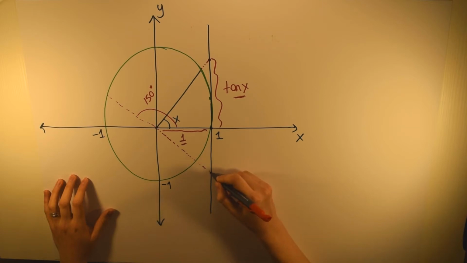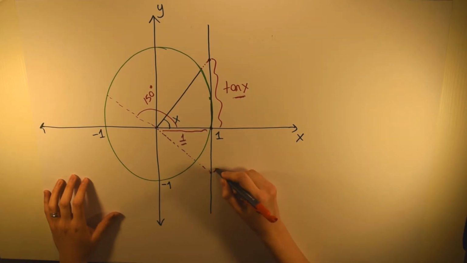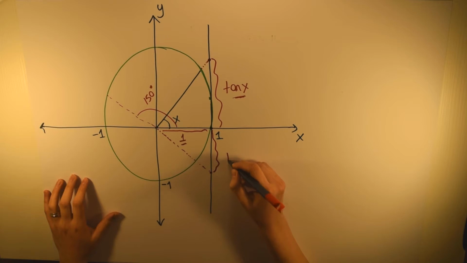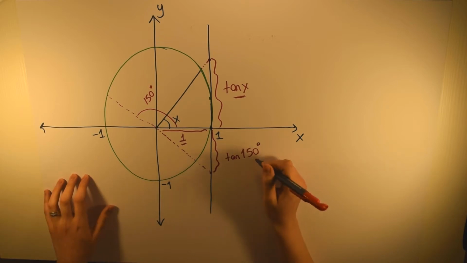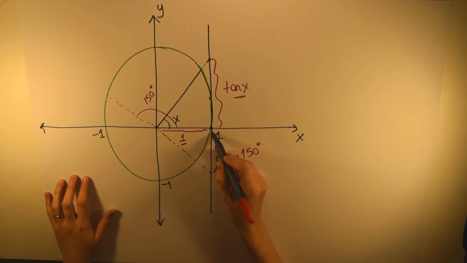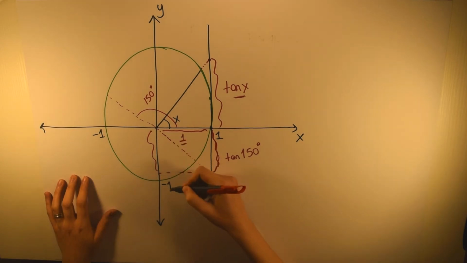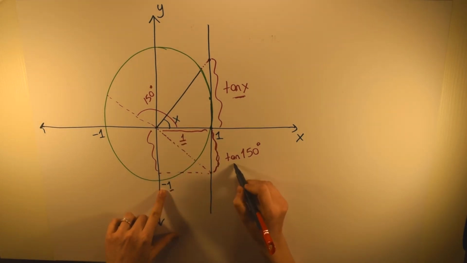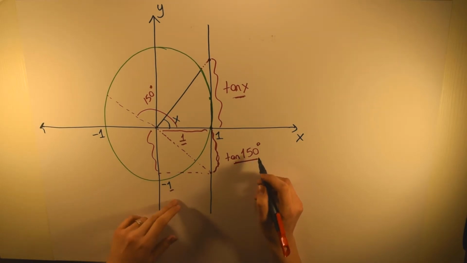From this point to the x-axis gives you the tangent of 150 degrees. As you can see, it is negative, because this is the negative side. That's why the value of tangent 150 degrees is negative.